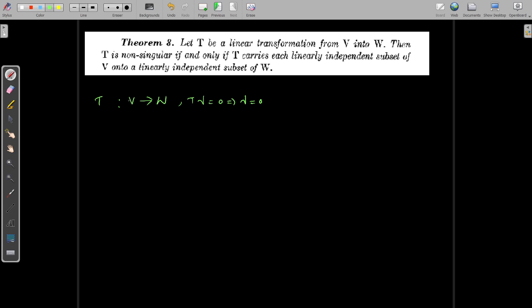This is statement 1, and what is statement 2? T carries linearly independent sets to linearly independent sets.